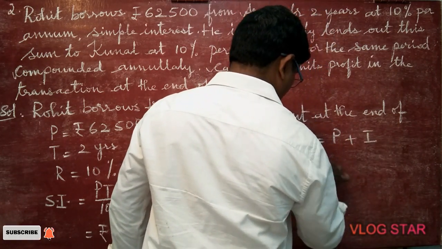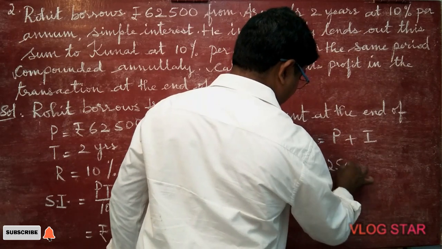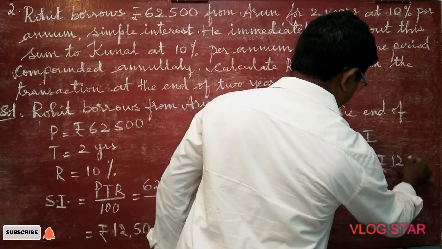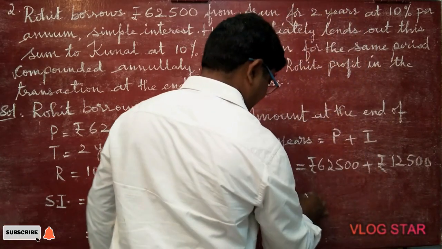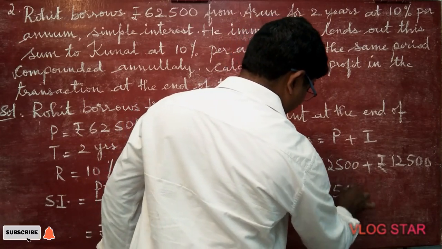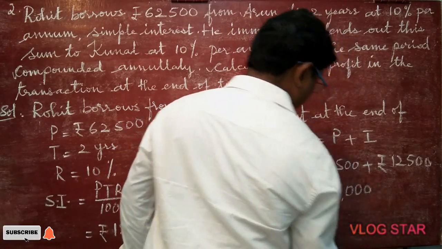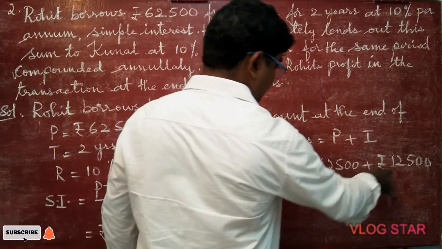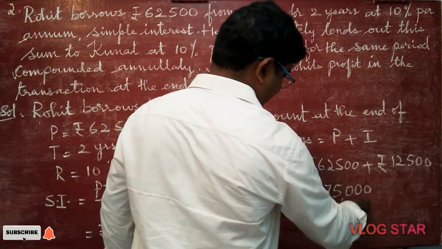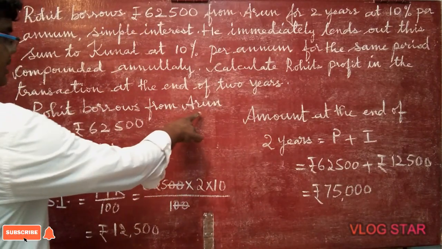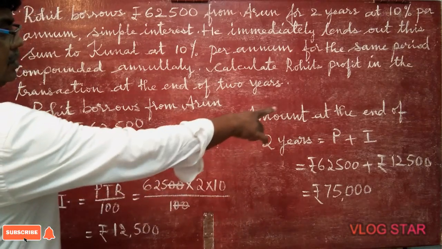Principal is rupees 62,500 plus interest 12,500. Add, it will be 75,000. This is the amount Rohit should pay to Arun at the end of 2 years.